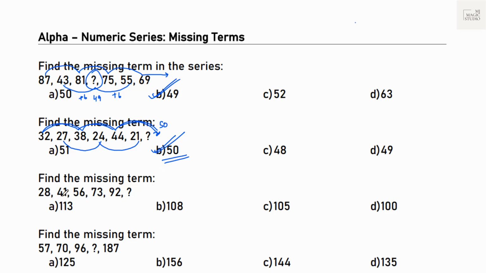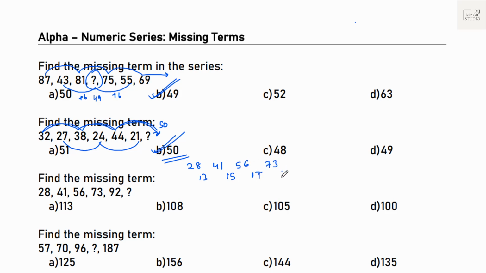Find the missing term. Again 28, 41, 56, 73, 92. It is increasing. Whenever this type comes, what we use is basically the difference table. So 28, 41, that means 13. 28 plus 13 is 41. Then it's 15. Plus 15 is 56.